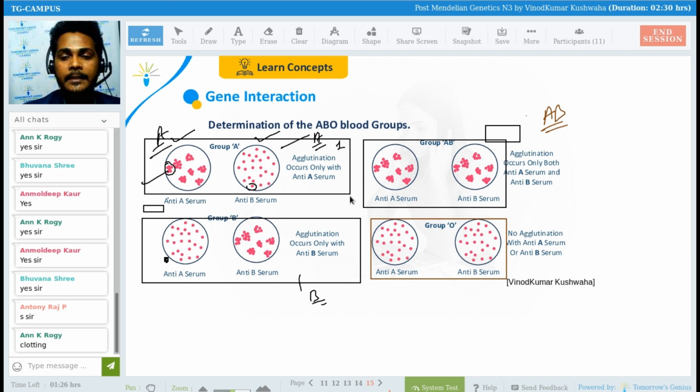See here, this is blood group O. Clear? So these are the 4 types of blood group, and we can use anti-serum to determine the blood group. Is this clear to everyone?